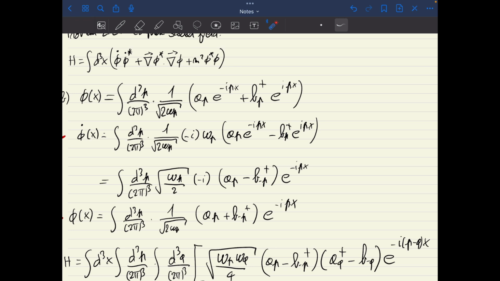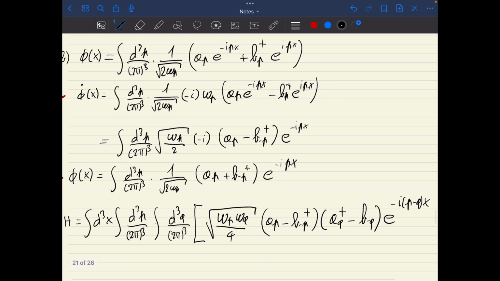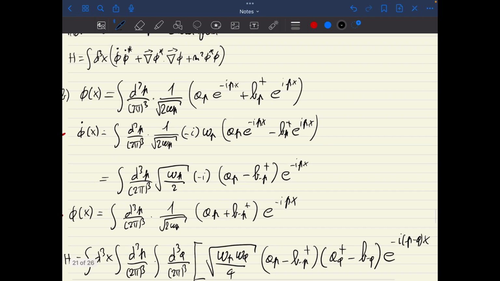So actually, there's also a factor, so the zero component will give us a factor exponential minus i (omega p minus omega q). I will not write it, we should, but in the end we will see that p has to be equal to q, and therefore this factor will just be equal to 1. So I will just forget about it here, but it's true that we should actually write it. It's there.